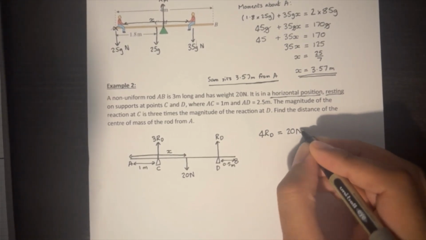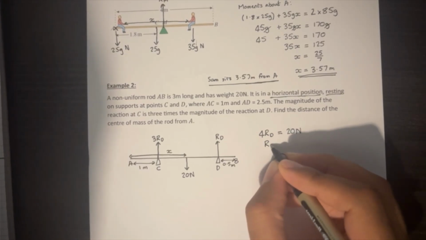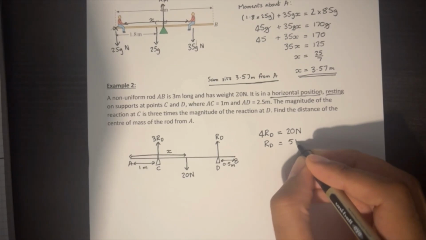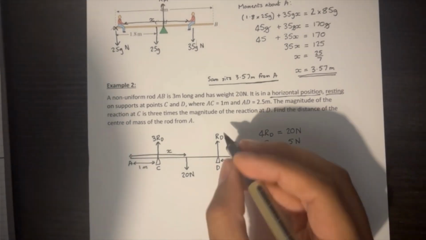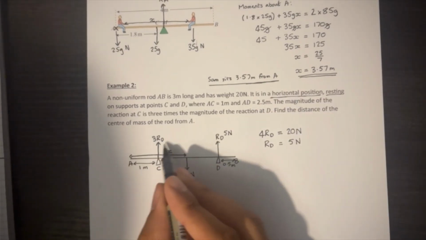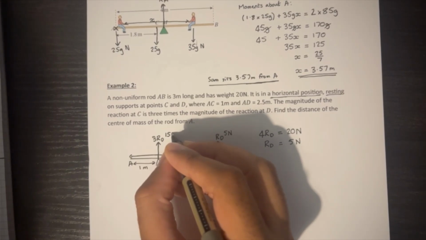That's the force acting downwards. So if 4RD equals 20, I can divide through by 4 and get the reaction at D being equal to 5 newtons. So the reaction at D is 5 newtons, which means the reaction at C, which was 3 times that, must be 15 newtons.